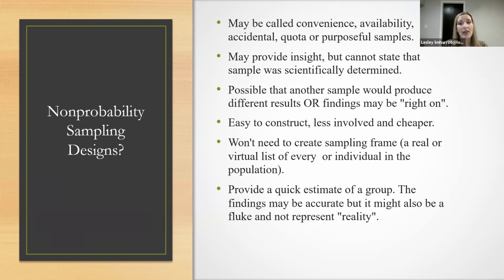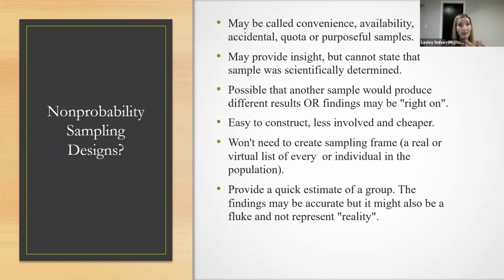Okay, so it is possible that another sample would produce different results or findings that might be right on. However, these are easy to construct, less involved, and less expensive. But those aren't always the reason to do non-probability sampling. Like I mentioned earlier, we are very intentional about doing non-probability sampling if we're getting at various levels of people within an organization, within a closed system.